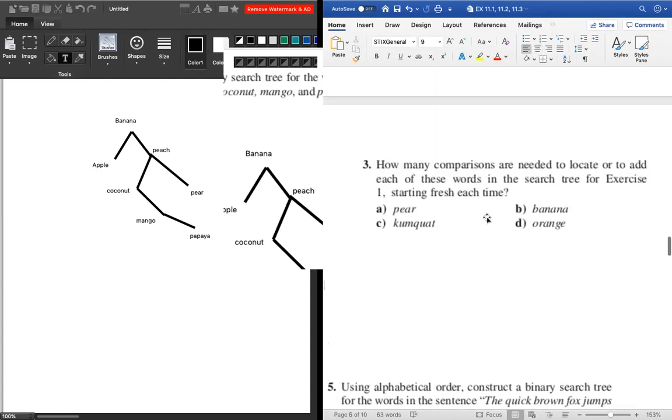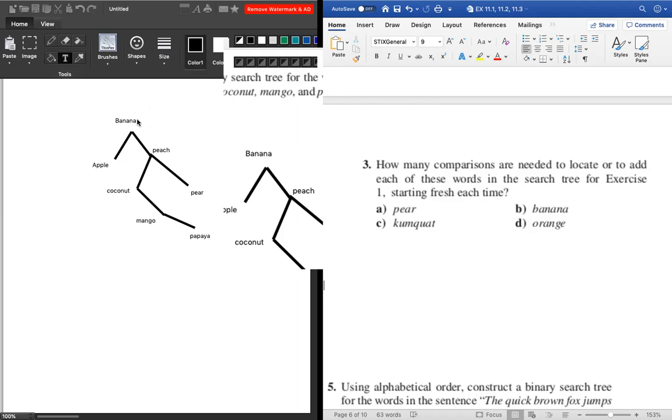So how many comparisons are needed to locate or to add each of these words in the search tree for exercise 1? Okay, so if we have to, for example, find the word pear in this tree, then how many comparisons will I need? So first of all, I will compare it with this. So this is comparison number 1.